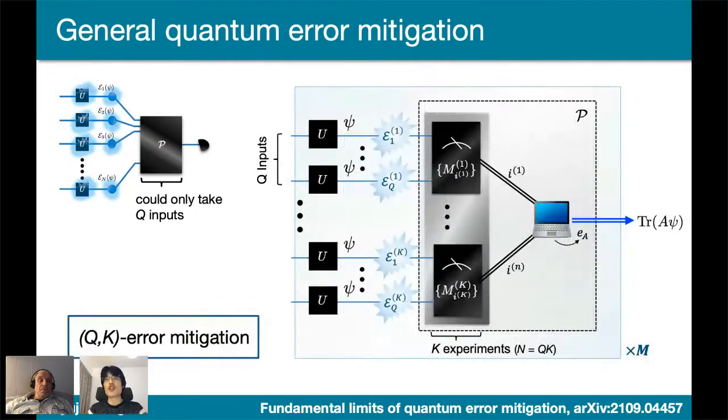this kind of picture, which is pretty much a general thing you can do. Suppose that this large n is the multiple of q and some number large k. Then I divide this big quantum process into the large k number of quantum experiments, but each experiment involves the large q number of inputs.